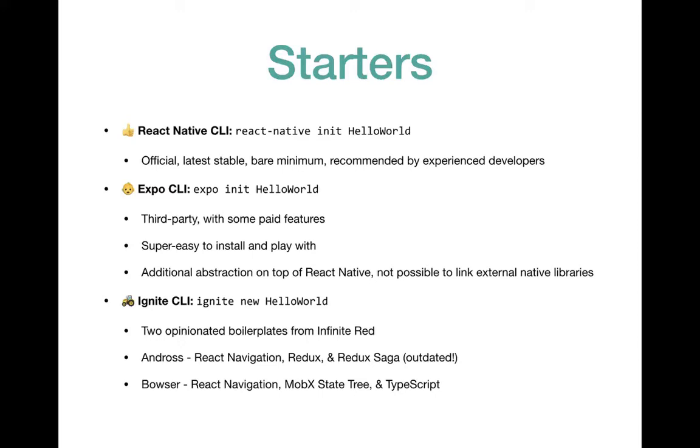But if you go and Google, like, I want this nice animation for React Native, or this thing, and you will find a library, you most likely will not be able to connect it to your application until you eject. So it's not clear to me what is the benefit.